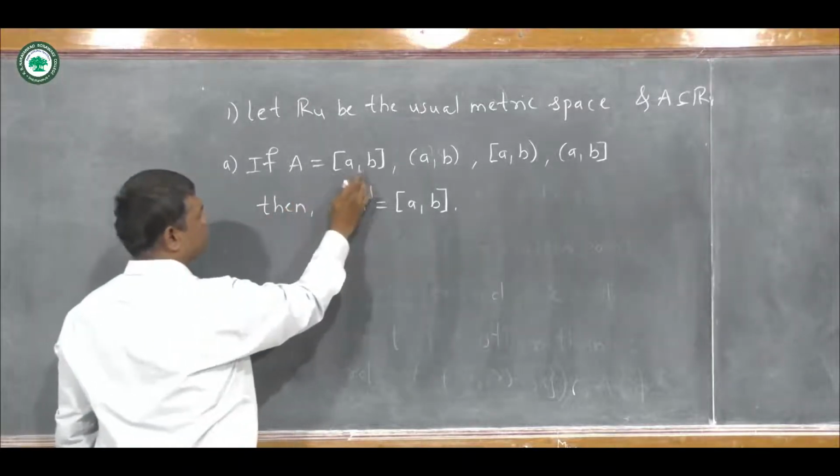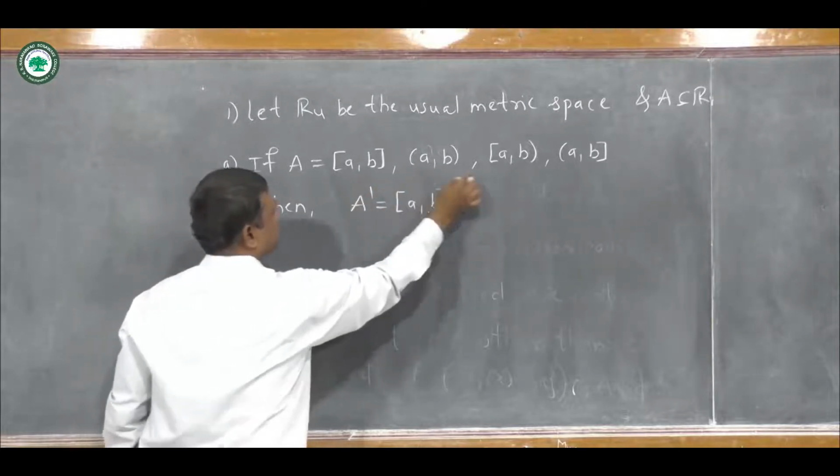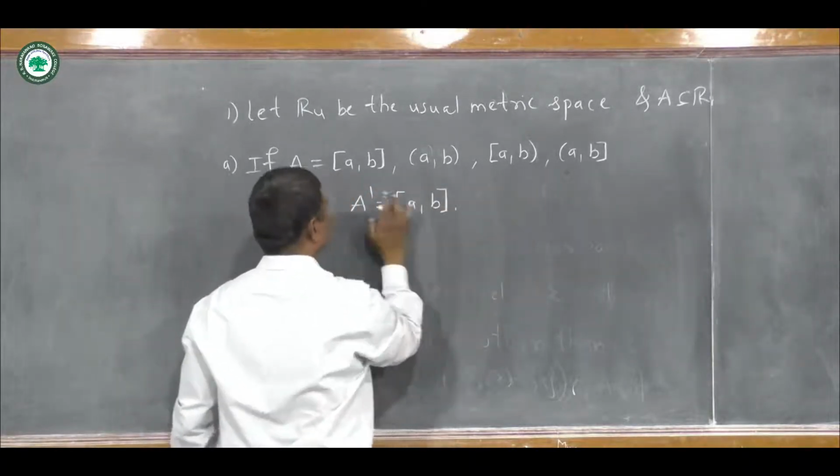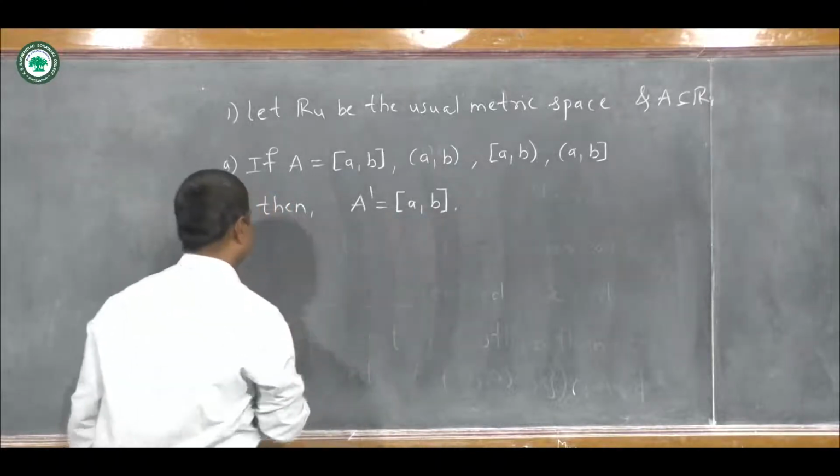Now we are going to see how this set, or this set, or this set, or this set has set of limit points as closed bounded interval [a, b].